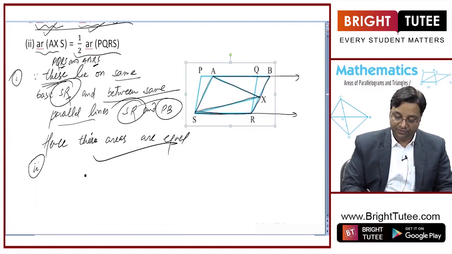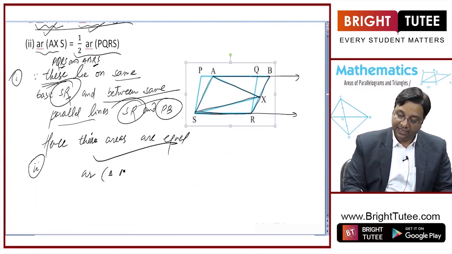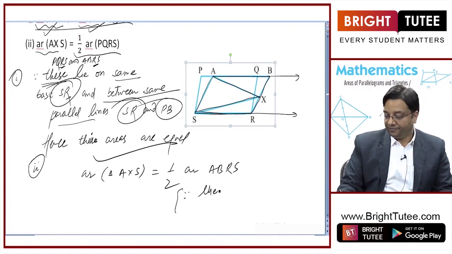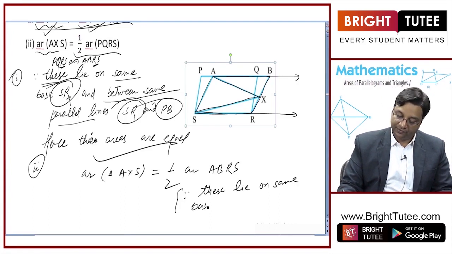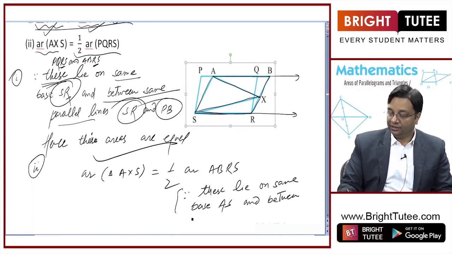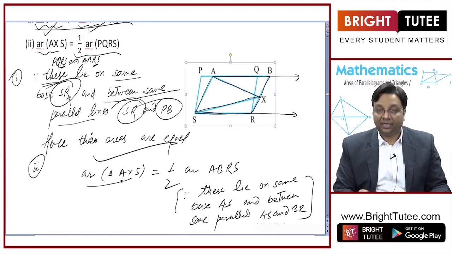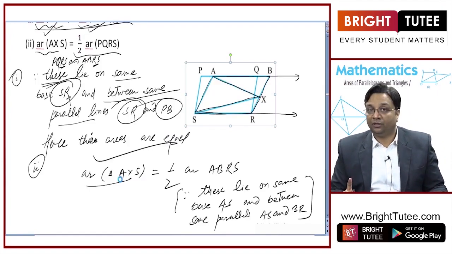Area of triangle AXS will be equal to half the area of parallelogram ABRS, because these lie on same base AS and between same parallels AS and BR. Hence, the area of triangle is equal to half the area of parallelogram, right.